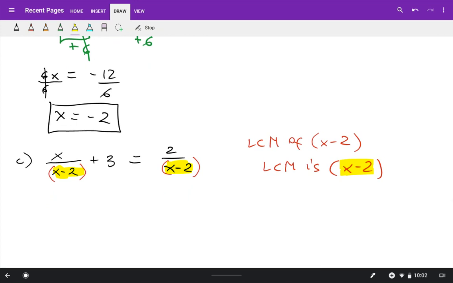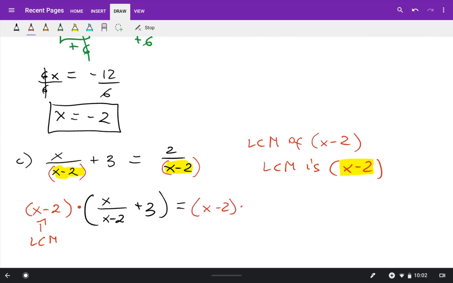Okay, so what I'm going to do next, I'm going to multiply both sides of the equation by the lowest common multiple, times, and in parentheses, I copy the original left side, which is x over x minus 2 plus 3, equal LCM, which is x minus 2, times the original right side of the equation, which is 2 over x minus 2.